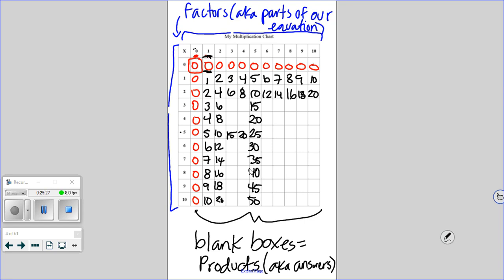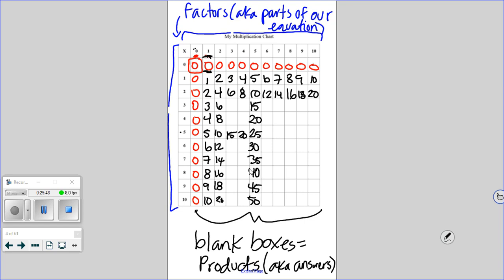Dorian, what times 5 gives me 25? 5. 5 times 5. Can I rearrange 5 times 5? No, they're both the same. Yeah, they're the same, so I can't really switch it because it's still the same thing.